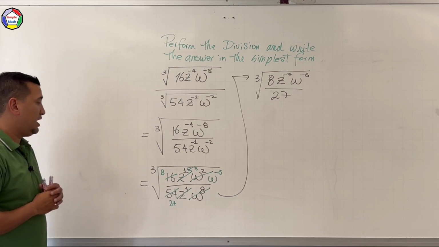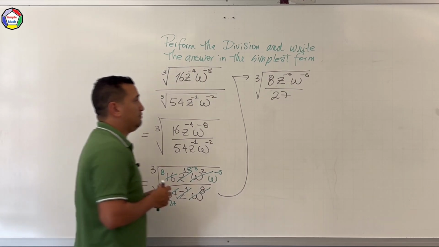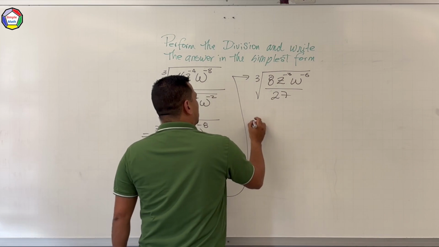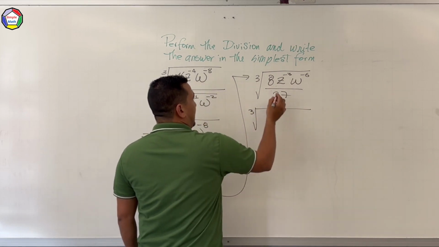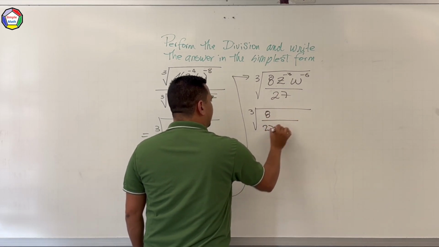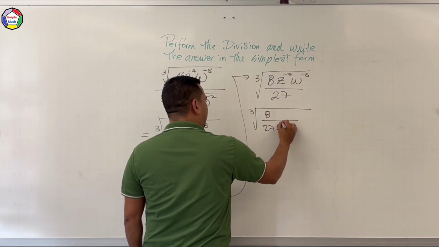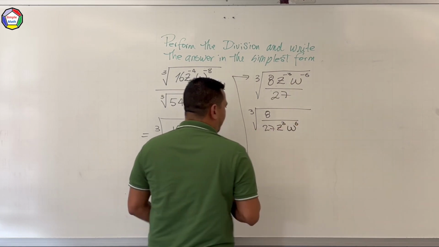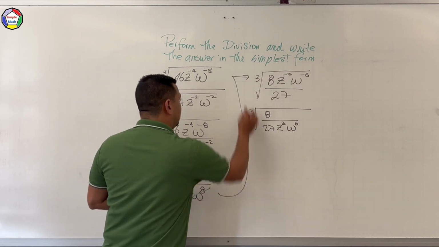Now I will continue trying to simplify things. I have to move the z down and the w down, so this is equal to the cube root of a fraction that has 8 over 27, z to the power of 3, w to the power of 6, with the negative exponents going down with positive exponents. This is the situation so far, okay?